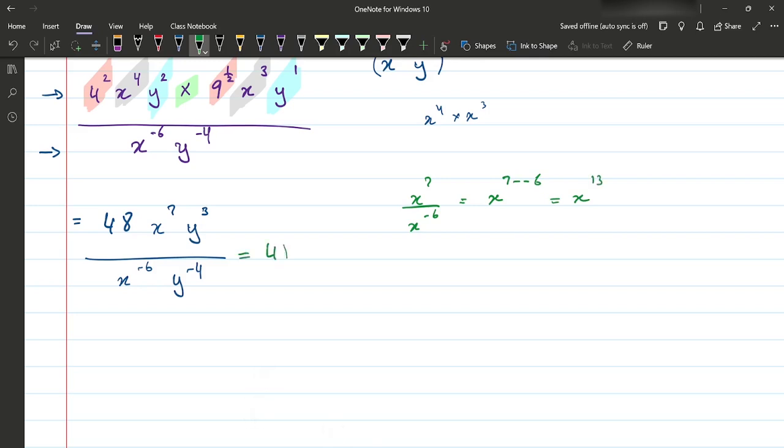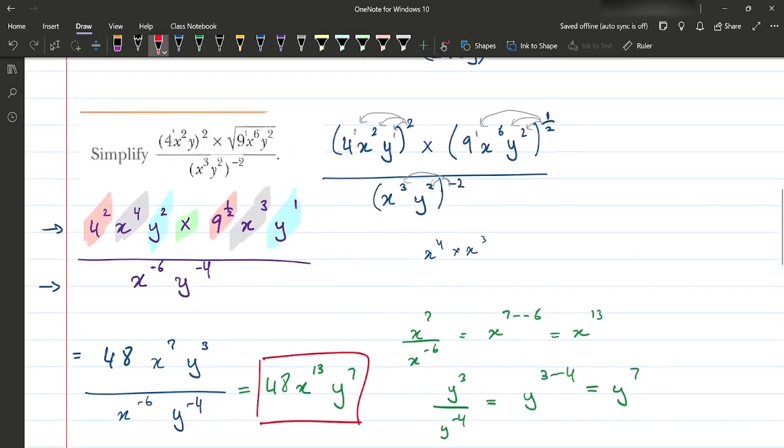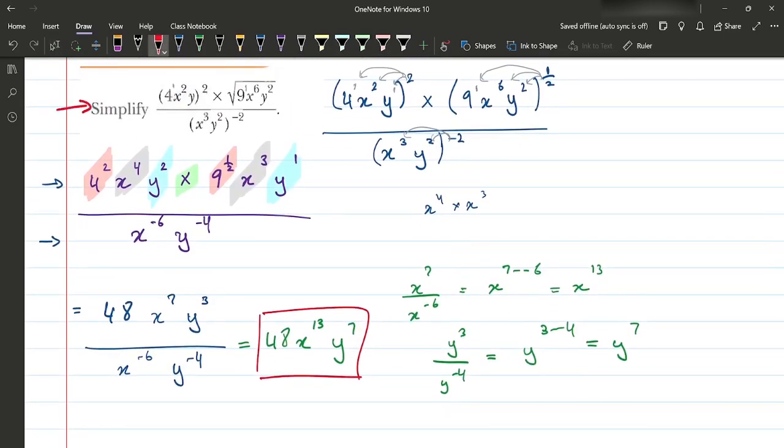Okay, so 48 x to the power 13. And then y to the power 3 over y to the power minus 4. That will be y to the power 3 minus minus 4, which is y to the power 7. Okay, so that is the simplified form of that.